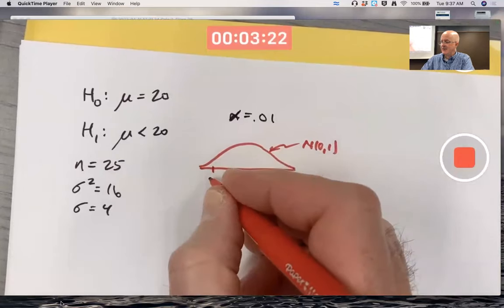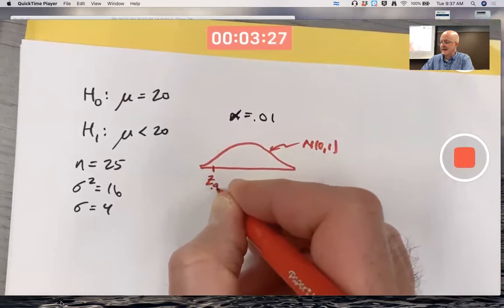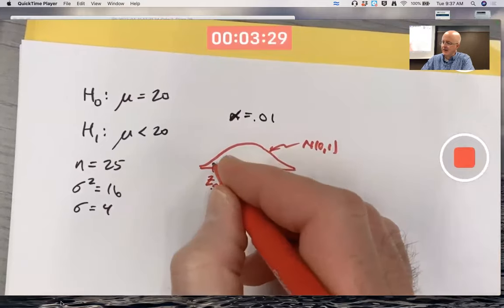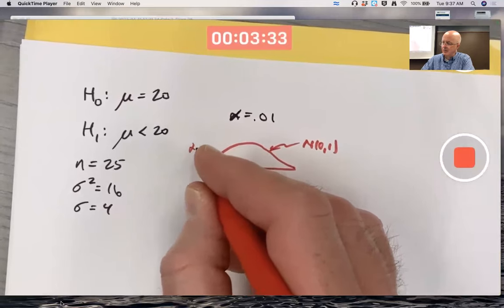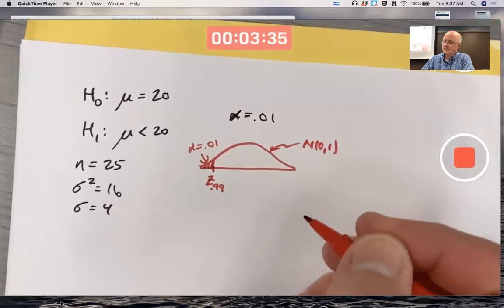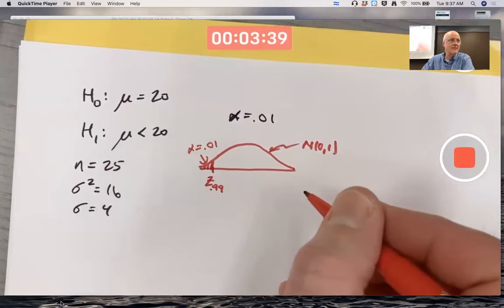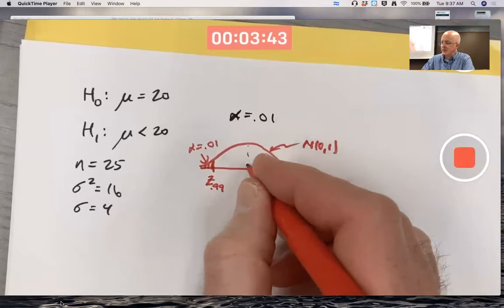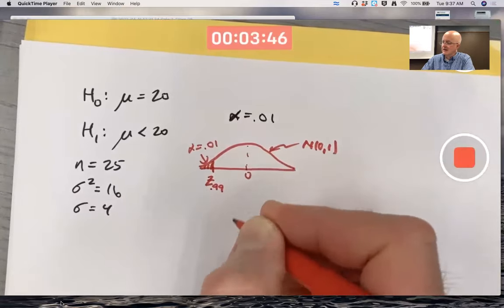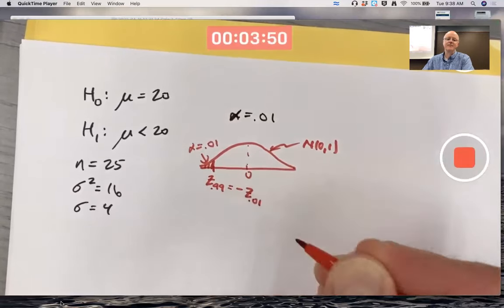And symbolically, you'd call it z sub 0.99, right? If I want the area to the left of that to be alpha 0.01, then technically that's z sub 0.99. The area to the right of it would be 0.99. However, of course, by symmetry, this is the opposite of z sub 0.01.